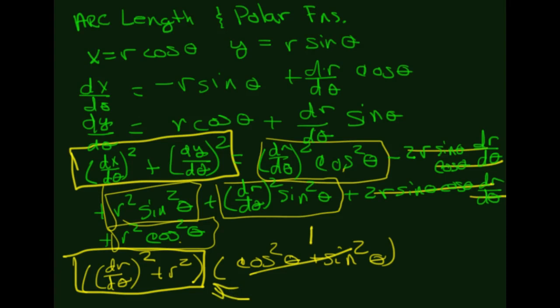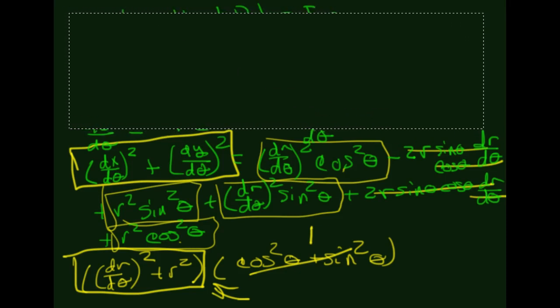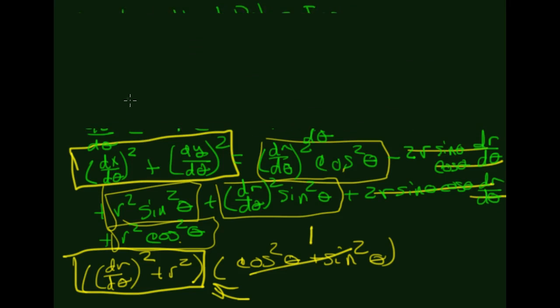All right, so this is not something that I would want to have to prove in the middle of the test. But what we just did is get a pretty simple formula for arc length. Because if I look at the original formula for arc length, I get t1 to t2 of the square root of x prime t squared plus y prime t squared dt.